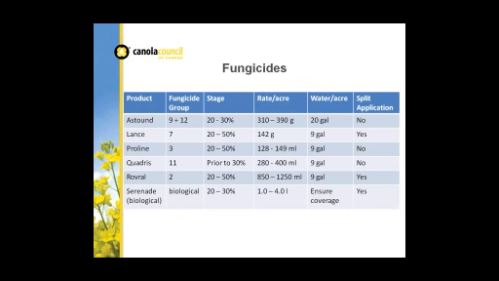Some of these products do have a range in the rate that you can apply. It really comes down to what you think the risk is and what the value of your crop is. If you are chasing a high-end yielding crop, 60 bushels or more, maybe you should be considering the higher rate just because that'll give you better insurance to make sure that you are reducing that disease.